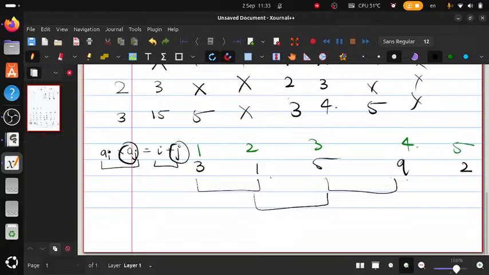You can also write this as a of i into a of j modulo sum is equal to 0. So no, we can do that.